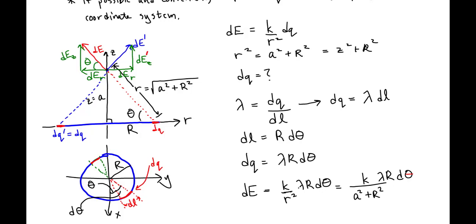Let's take a look at this now. We have two of these z components of the electric field. Notice they're just all going to sum in the positive direction. And notice the radial component of the electric field will cancel each other out.